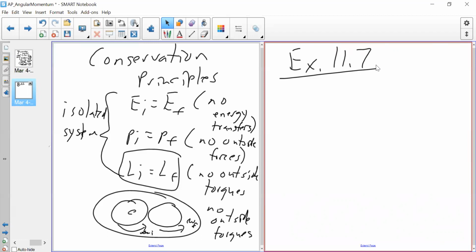Okay, so we have this. A star rotates with a period of 30 days about an axis through its center. After the star undergoes a supernova explosion, the stellar core, which had a radius of 1 × 10⁴ kilometers, collapses into a neutron star of radius 3 kilometers. Determine the period of rotation of the neutron star.